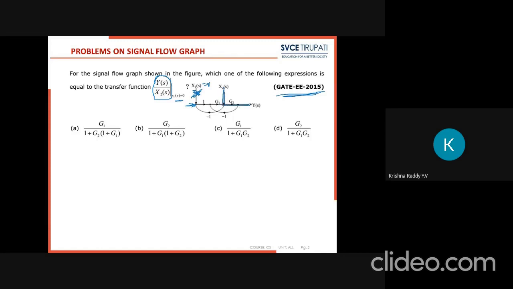This is one forward path, G2, divided by, for this forward path we are having 2 loops. It is one loop minus G1 G2. It is one more forward path, one more loop. It is minus G1. The answer is G2 divided by 1 plus G1 into 1 plus G2.